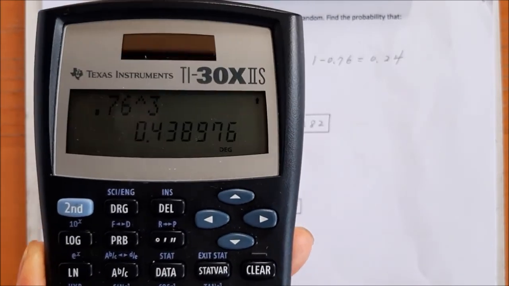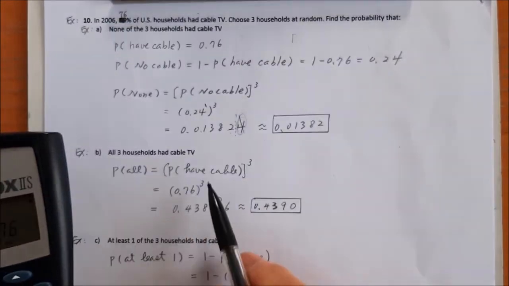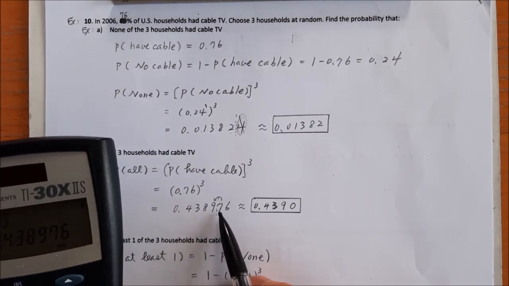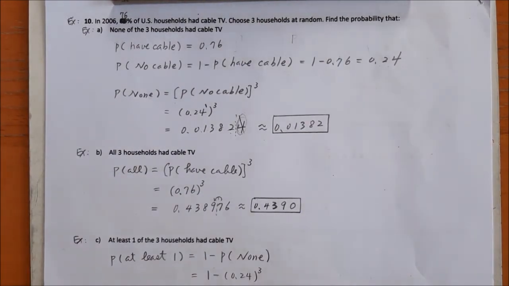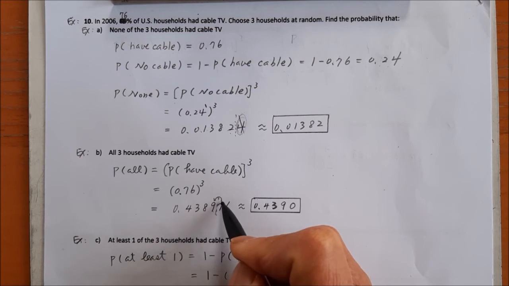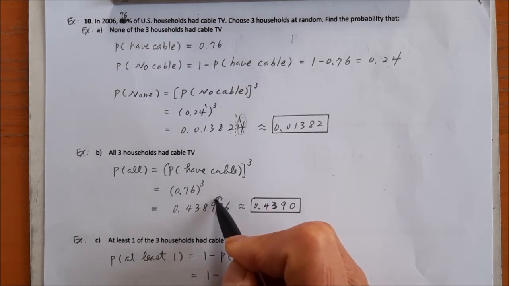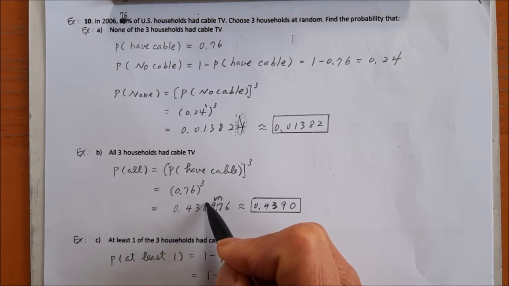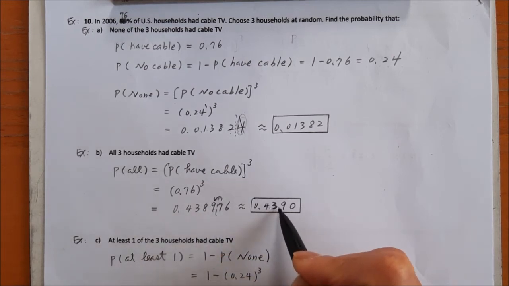Using the calculator, 0.76 to the power 3, you will get 0.43896. Round to 4 significant digits. The next digit, 7, is more than 5, so the 9 plus 1 is 10, carry 1, and it's 0.4390.